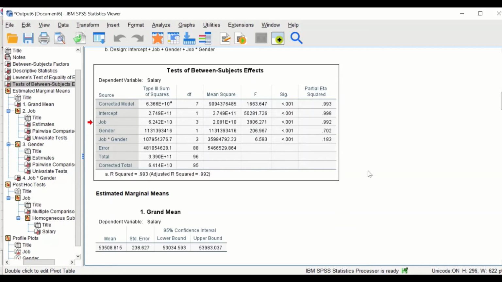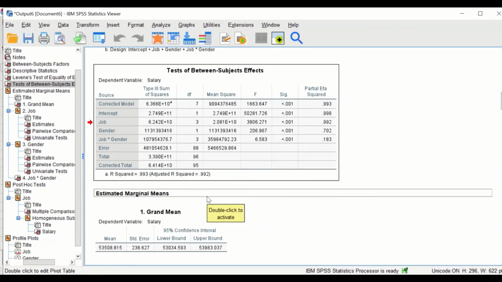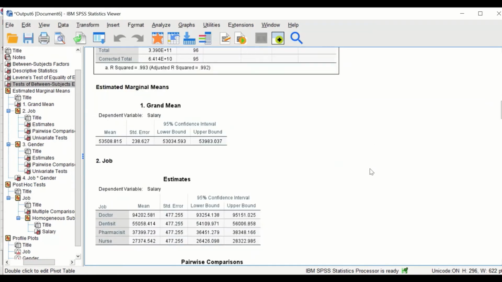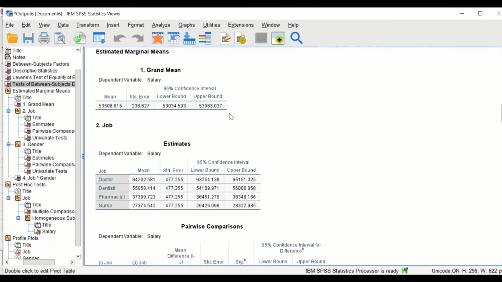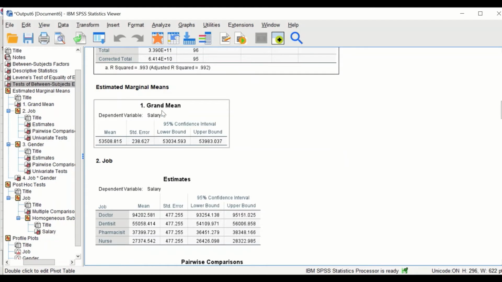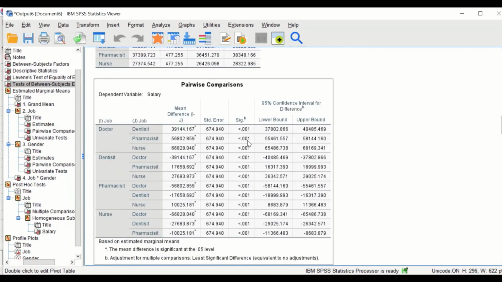So all the null hypotheses will be rejected, and the analysis here showed that there is a significant difference between levels within the job factor, and differences between genders for the gender factor, and also an interaction between the two factors. The following tables look at the grand mean, the estimates. What is important also to consider in this analysis is the pairwise comparison.